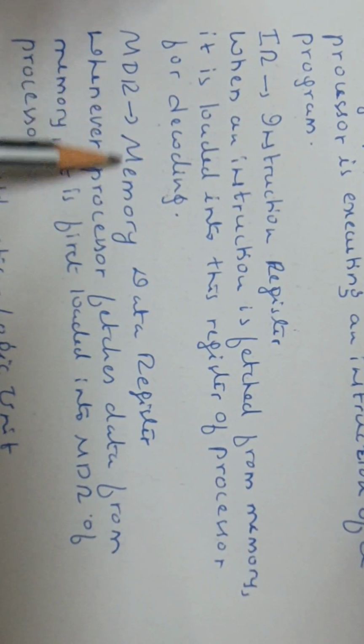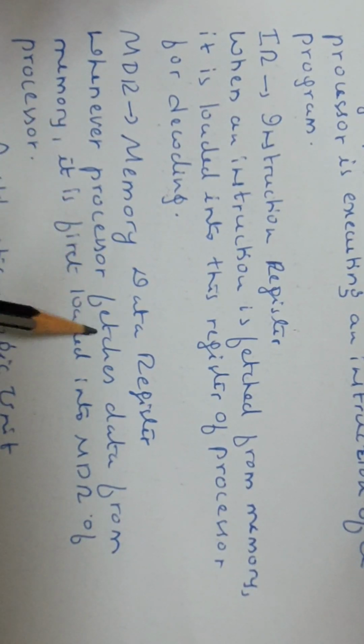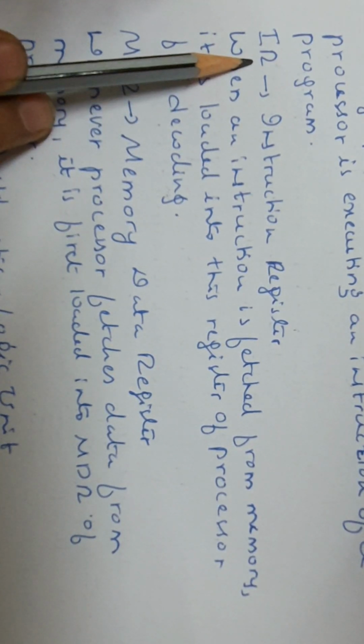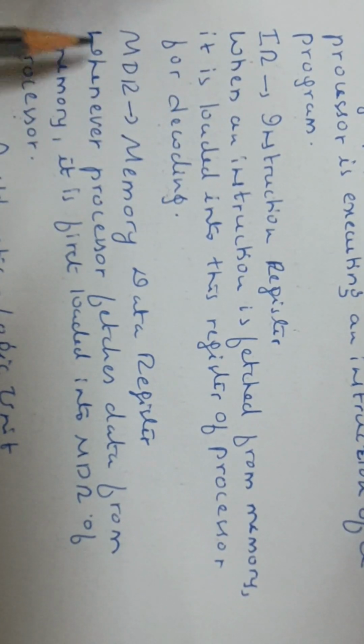Next, MDR, memory data register. Whenever the processor fetches data from memory, it is first loaded into MDR of the processor. Processor has another special register. When it fetches an instruction from memory, that is loaded into the instruction register of the processor.